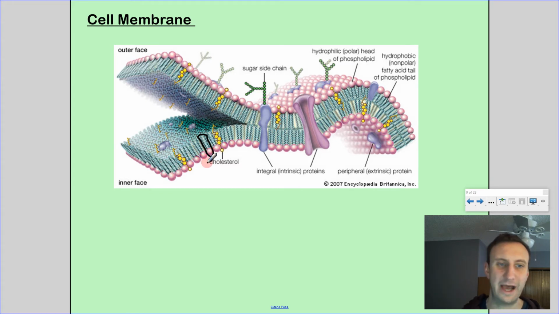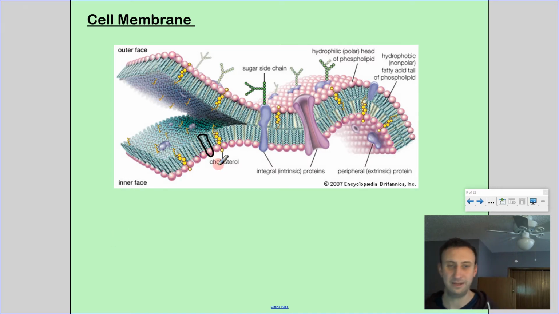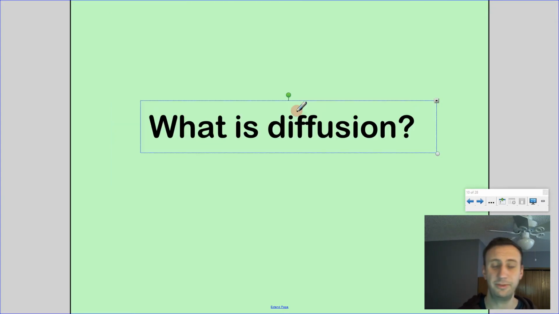But that doesn't matter. Just kind of neat that the actual chemical composition of this, the fact that it's made of these phospholipids and these channel proteins and stuff, actually allows it to do what it does. So just neat. It's all about the chemistry.